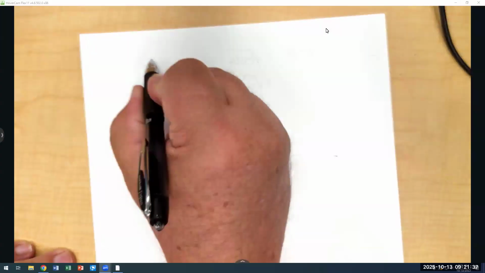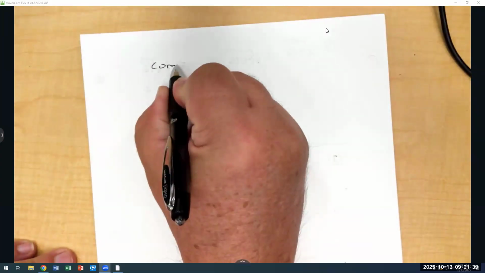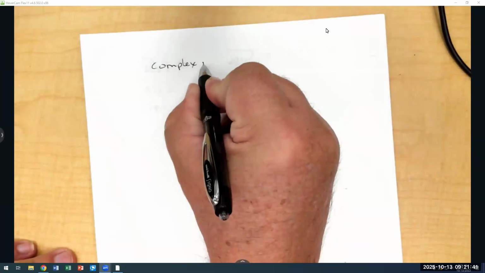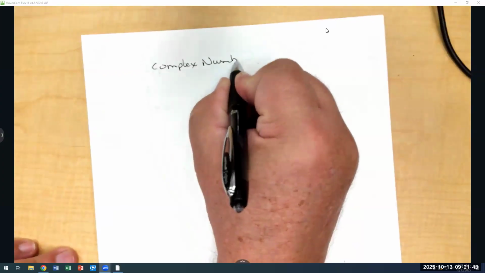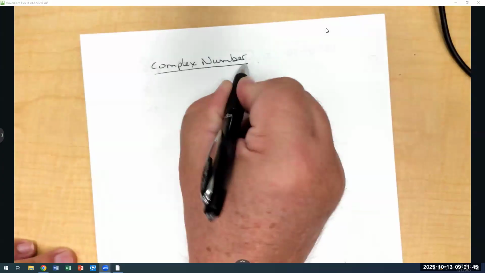Now, what we've labored to do is define the title of this section. A complex number. We haven't really defined what a complex number really was.